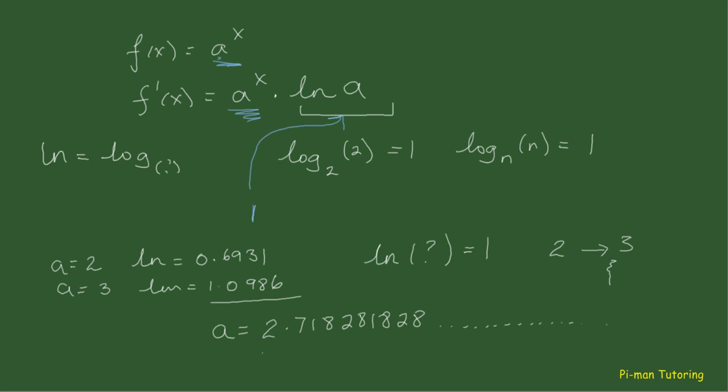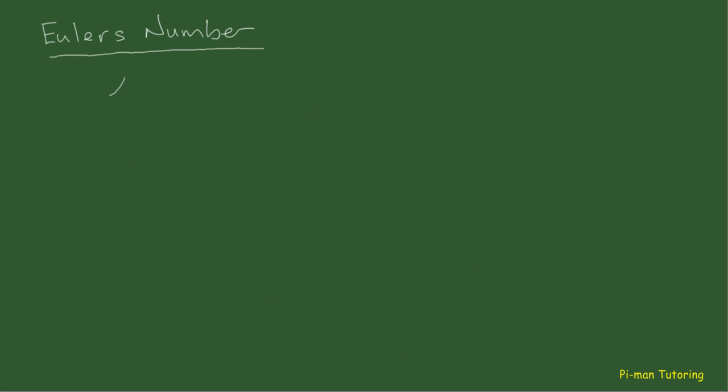And this magic number is called Euler's number. And in mathematics, we give it the letter E. So basically, we're saying that the natural log of a number is the log of that number in base E.